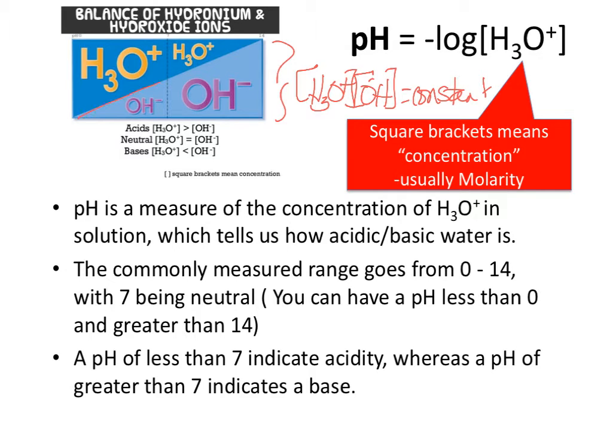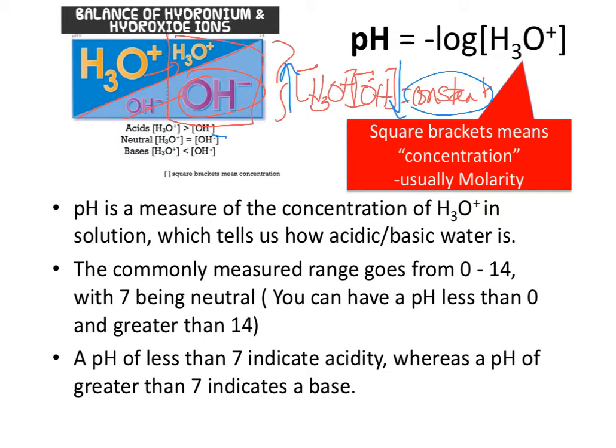So you may decrease the concentration of hydronium in a solution by doing a number of things, but if that happens, then the concentration of hydroxide must increase. So hydronium ion and hydroxide ion are inversely proportional. As one goes up, the other has to go down since their product equals a constant.